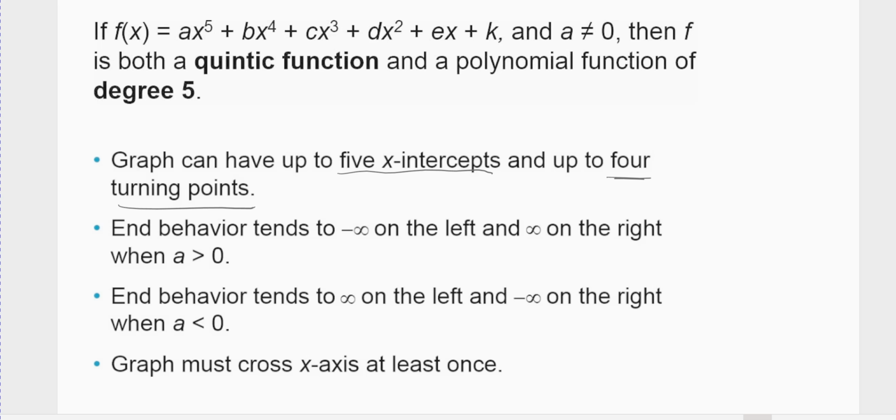If a is negative, I do the exact opposite. When I plug in negative numbers, I go to positive, and when I plug in positive numbers, it goes to negative. The graph must also cross the axis at least once, so I have at least 1 zero, up to 5 and at least 1.